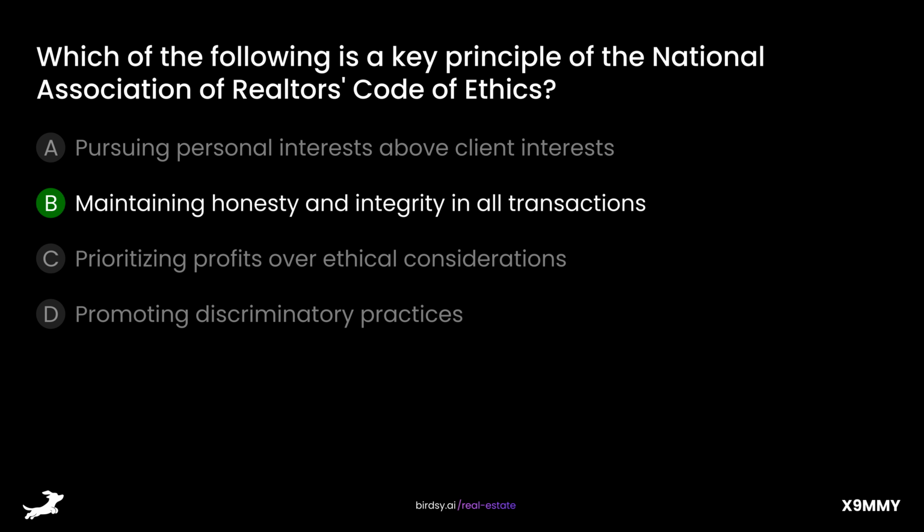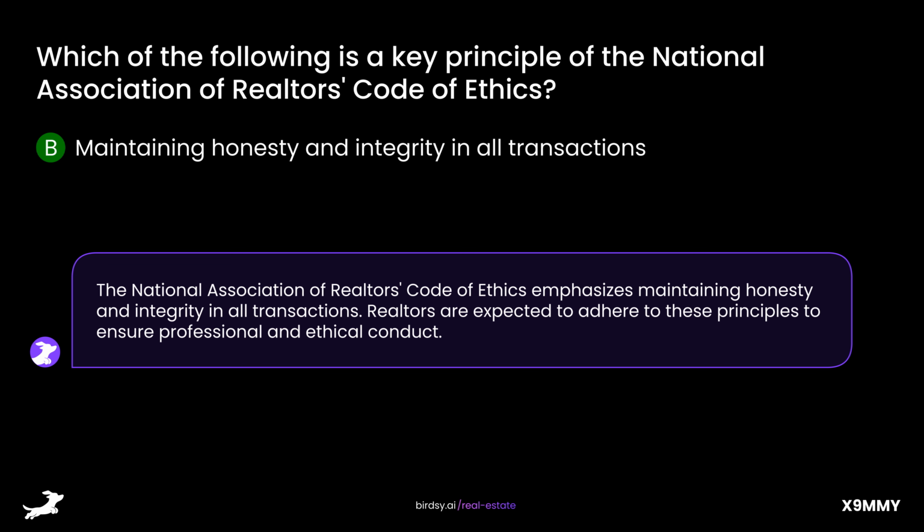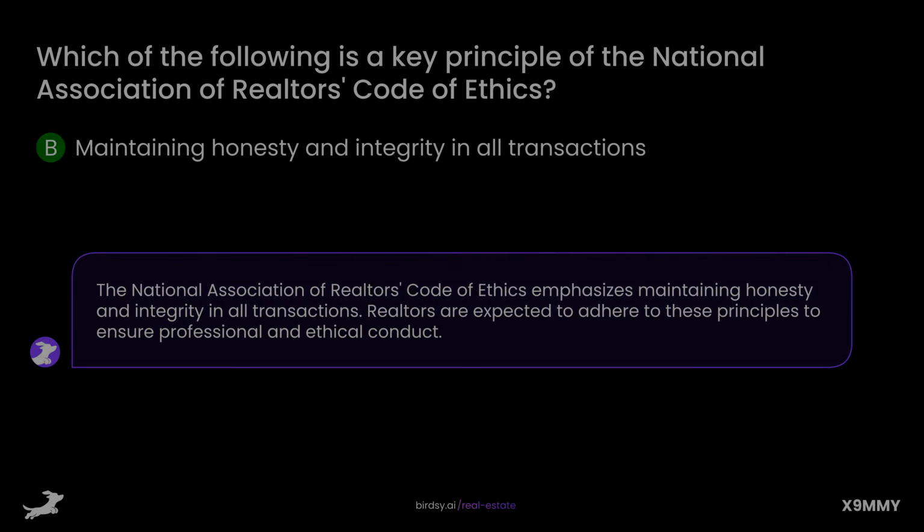The answer is B, maintaining honesty and integrity in all transactions. The National Association of Realtors Code of Ethics emphasizes maintaining honesty and integrity in all transactions. Realtors are expected to adhere to these principles to ensure professional and ethical conduct.